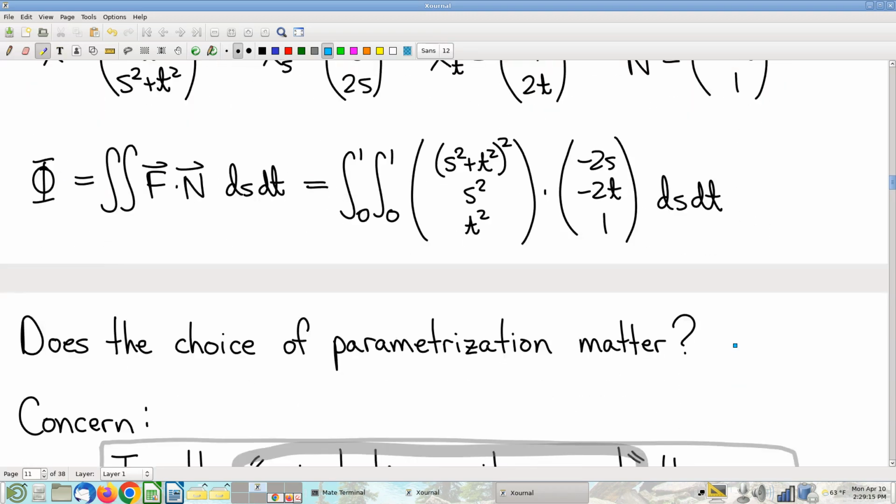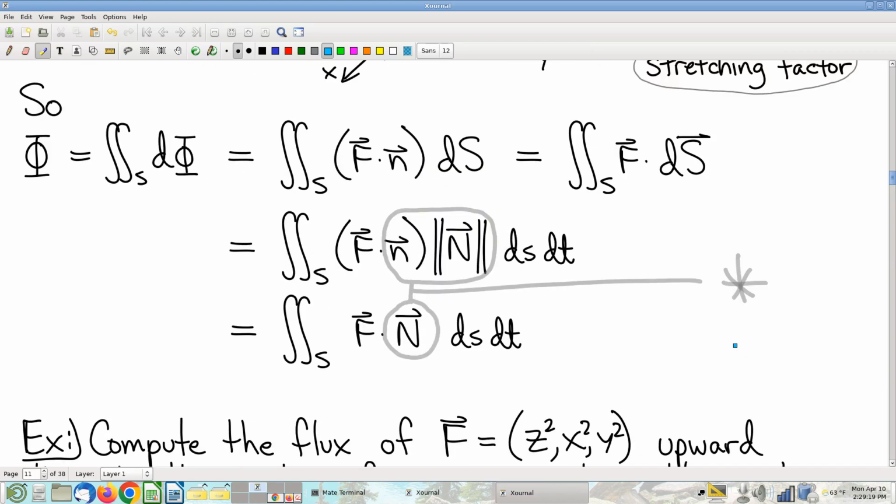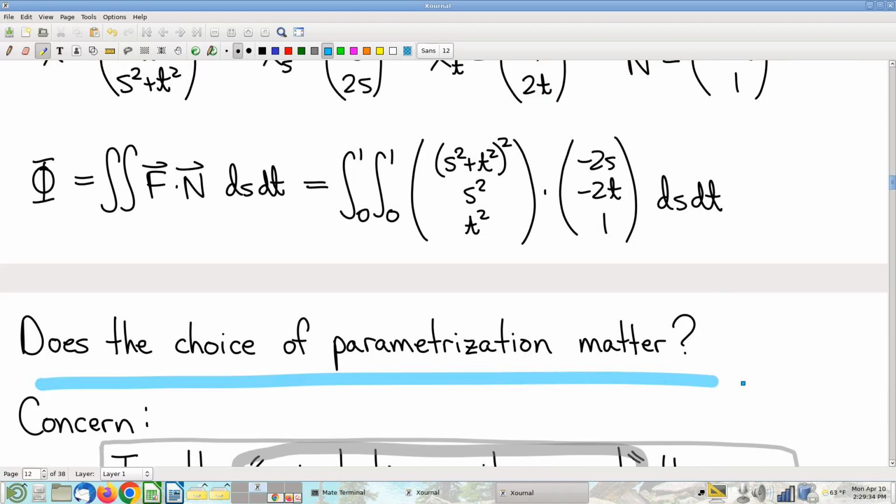And let's see here. Now, let me get to what I did wrong. What is the issue here? Why is this asterisk worthy? It comes from asking this question: does the parameterization matter? When we were doing scalar surface integrals, it doesn't matter.